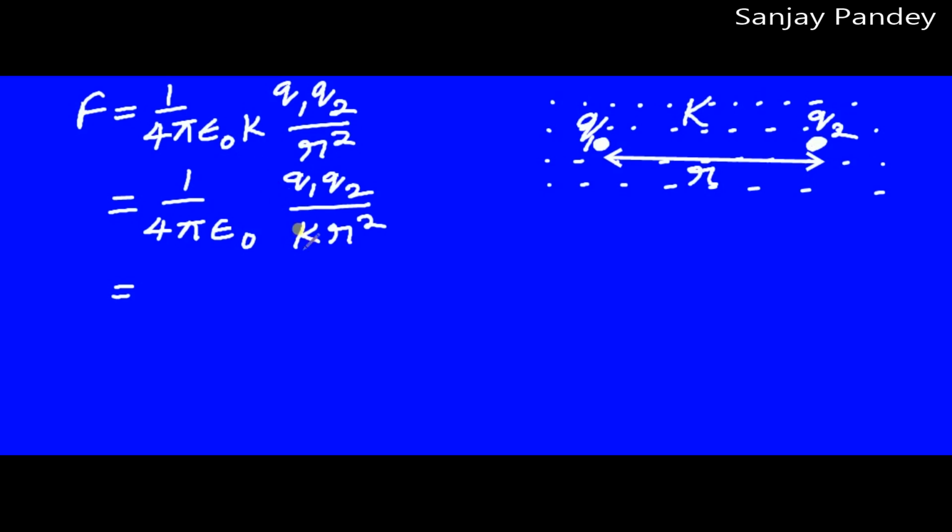This k is shifted here. 1 upon 4 pi epsilon naught q1 q2 upon, we can write this expression as r square root k whole square.